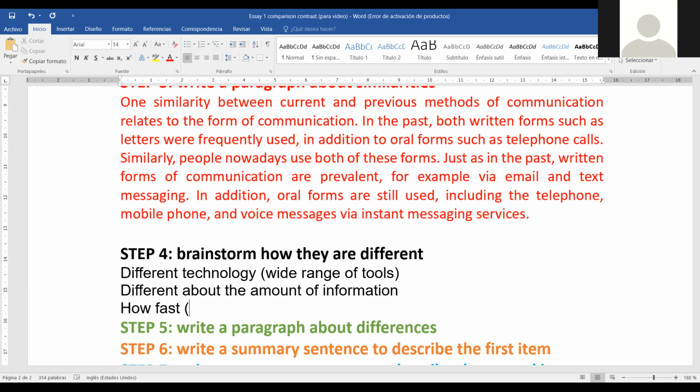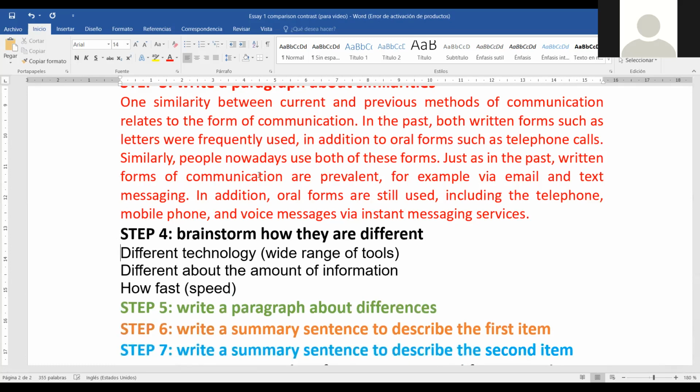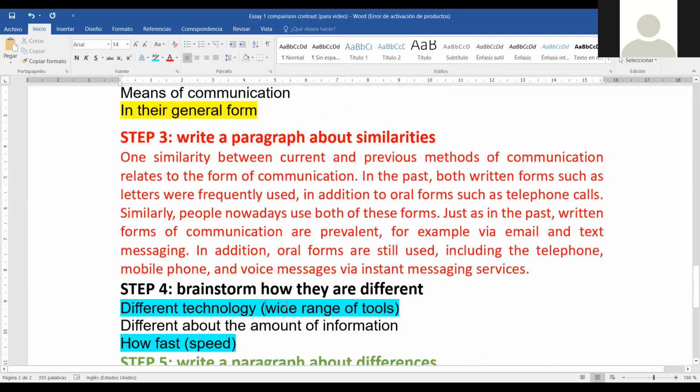And I also chose this one. According to my model, I call it speed. When I was working on this example, I had many ideas and I chose this one and this one.